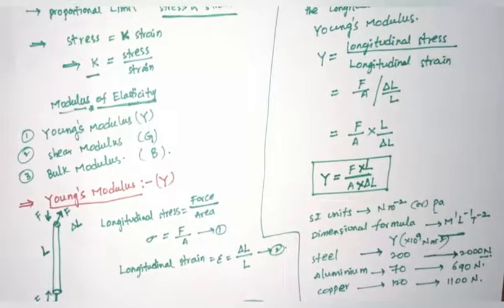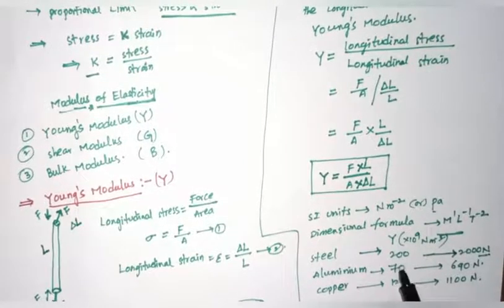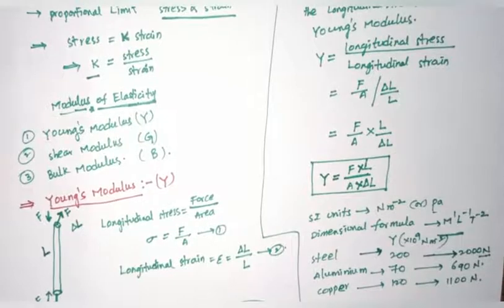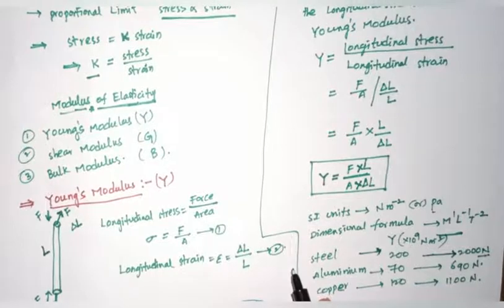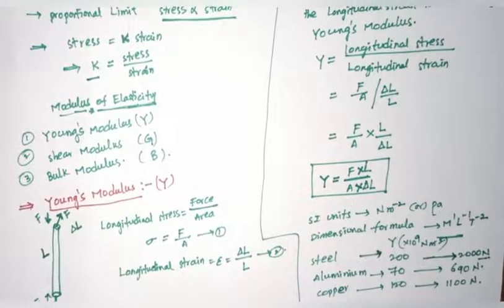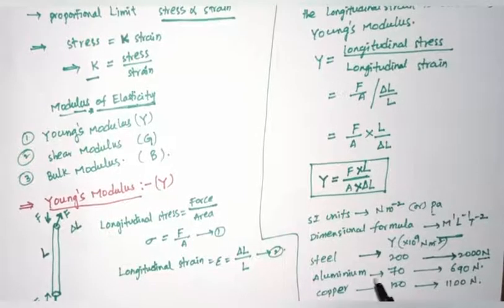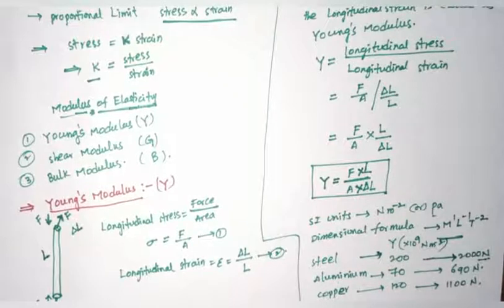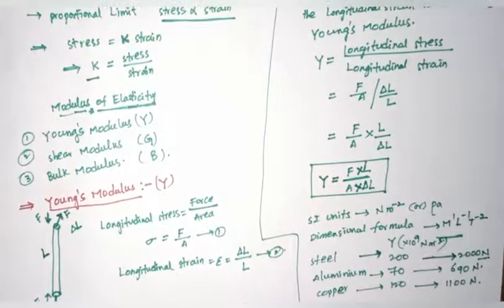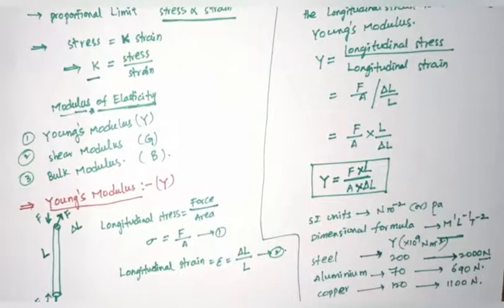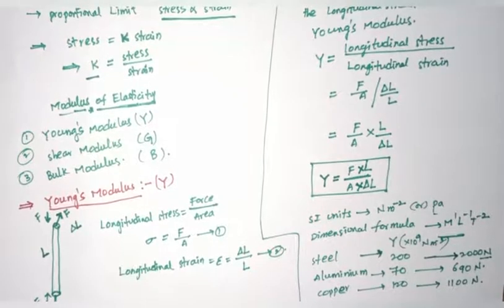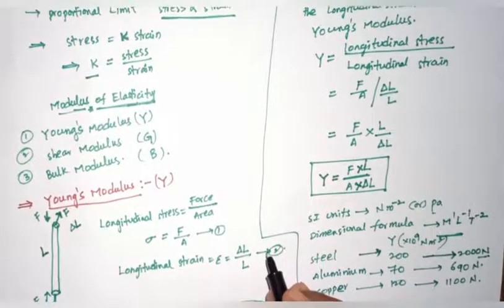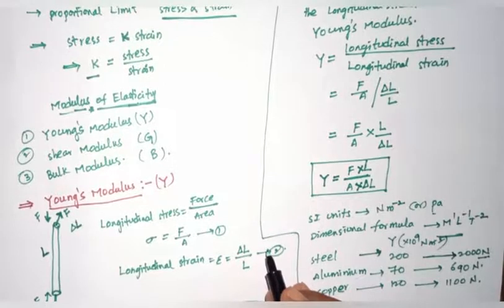For this reason, the elastic property of steel is more than copper, aluminium, brass and iron. So it is for this reason that steel is preferred in heavy duty machines and structural design.